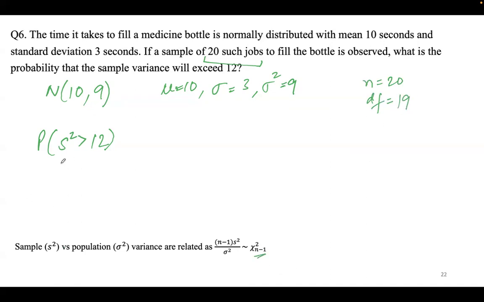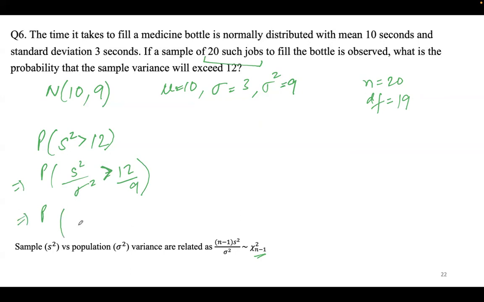So you want to have it in this notation. What we can do is, again, we'll just divide both sides by sigma square. So s square by sigma square is going to be greater than 12 divided by 9 here.